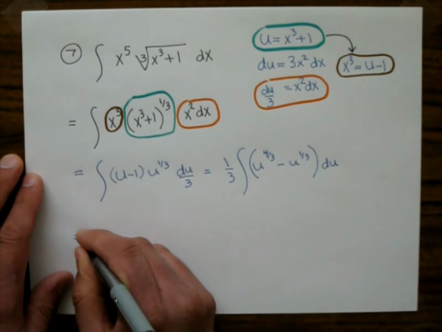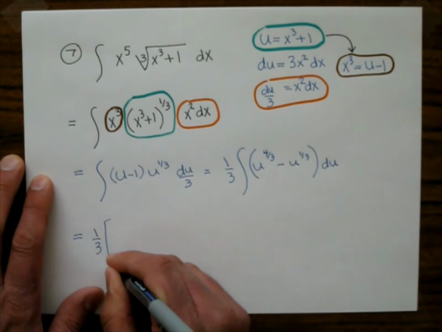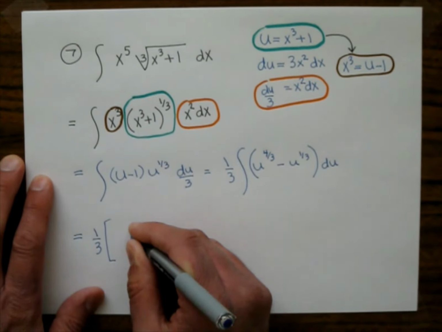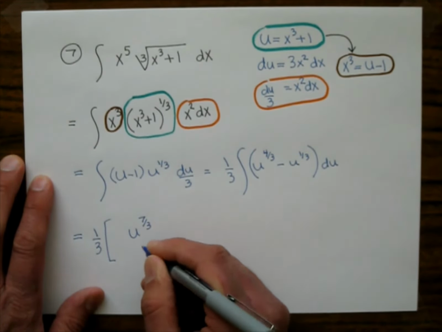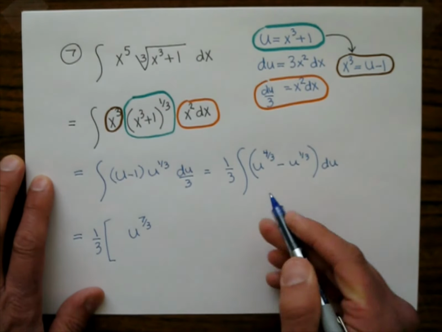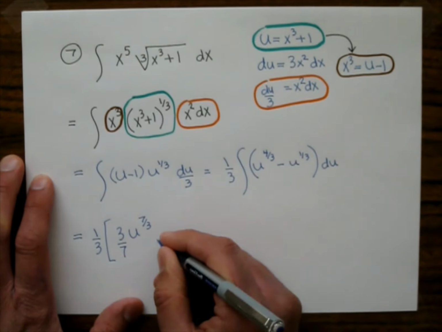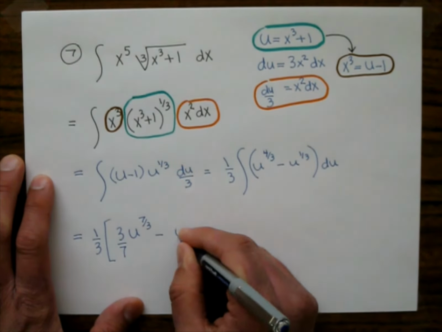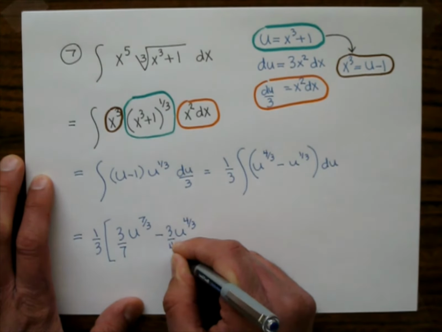And now I'm going to go ahead and integrate. So I have this 1/3 out front, and then I have u to the 7/3. 7/3 goes on the bottom, but I'm actually going to put 3/7 there. And then I have minus u to the 4/3, 3/4.